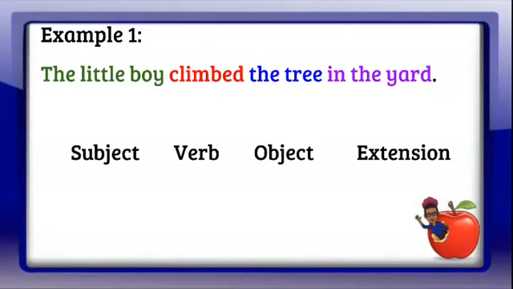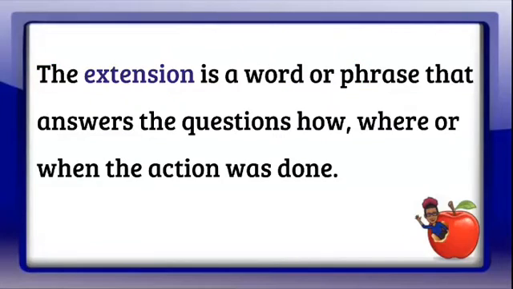So here we have our subject, the little boy, verb, climbed, our object of our sentence, the tree, the extension, in the yard. Now the extension is a word or phrase that answers the questions how, where, or when the action was done.